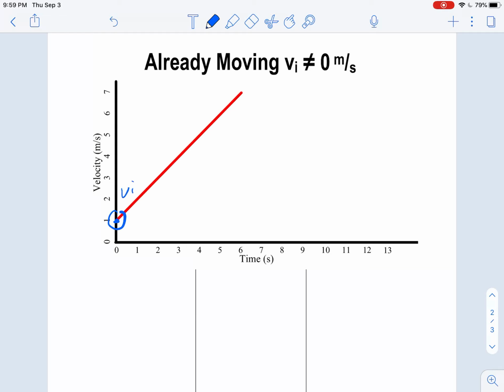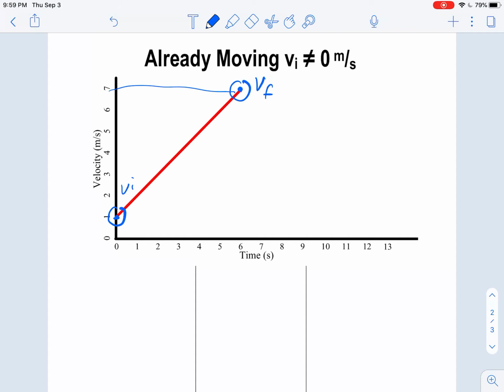If I label the same points that I did before, there's my vf, the velocity at the end of the time segment, which is 6 seconds, but now the velocity is 7 meters per second, it looks like. Yeah, that's right. So it's a little faster than it was before, even though the slope of this graph is the same as the previous one, because I've got some non-zero initial velocity.